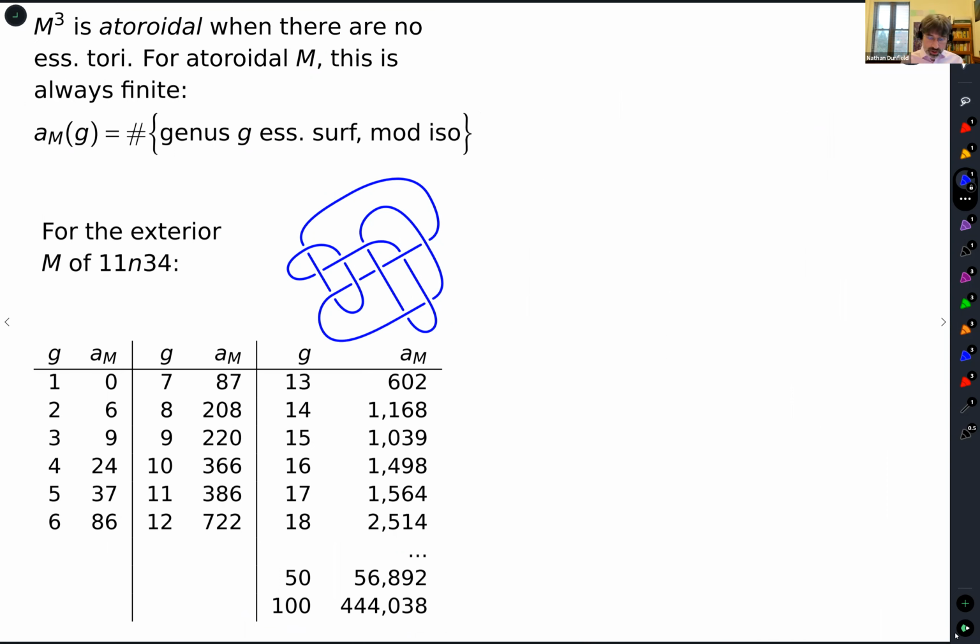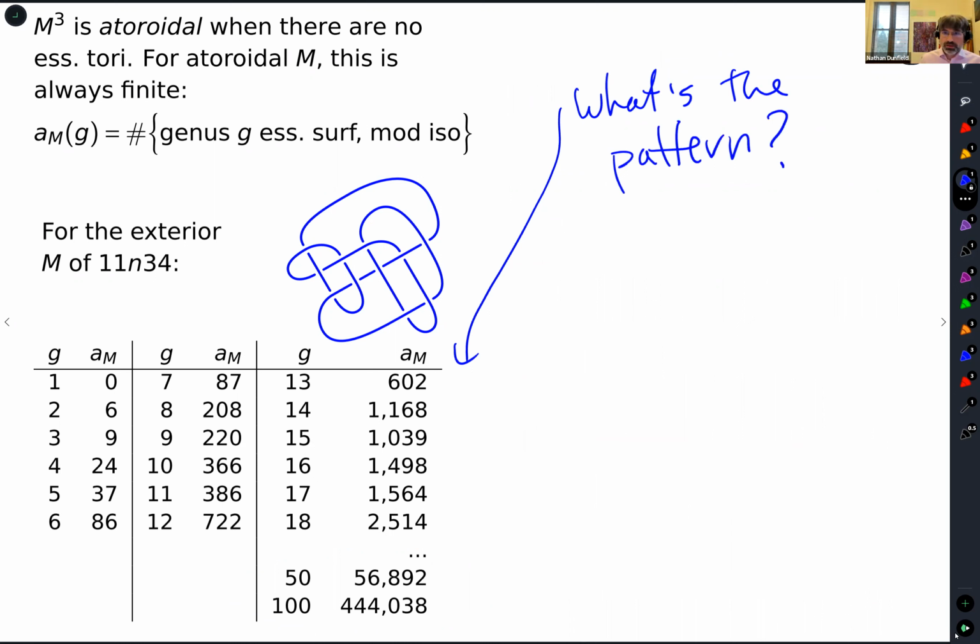And of course, this begs the question, what's the pattern? It probably also begs the question, how did I compute these numbers? To answer my first question, I simply have no idea. You can go to the Online Encyclopedia of Integer Sequences, type in these numbers, and it says no idea.